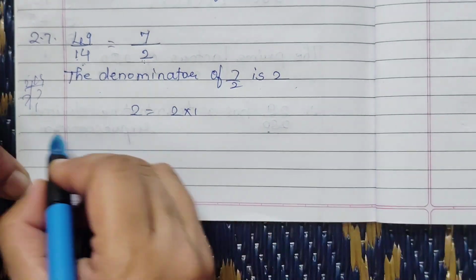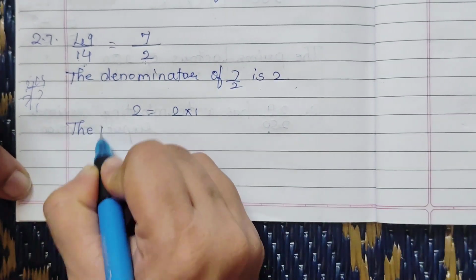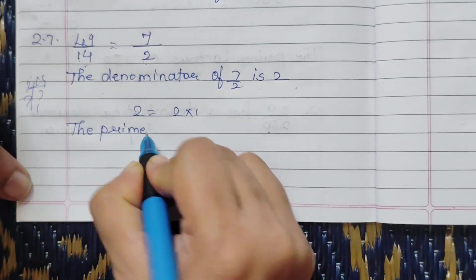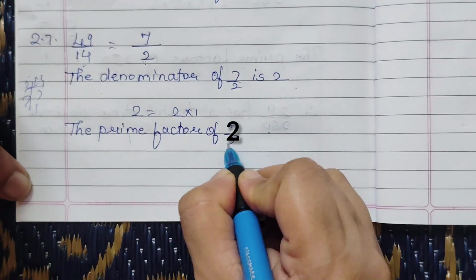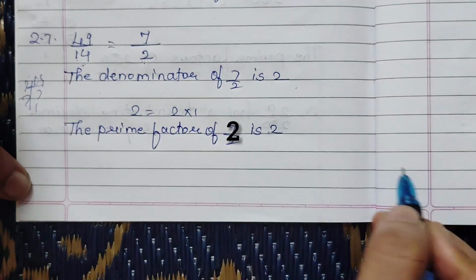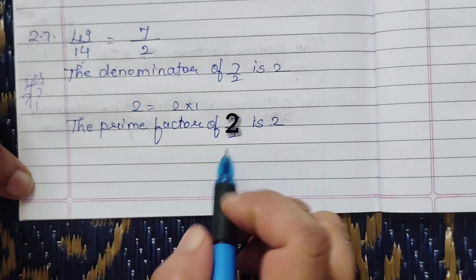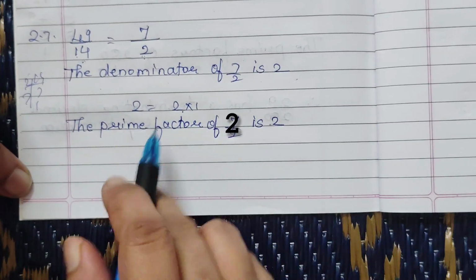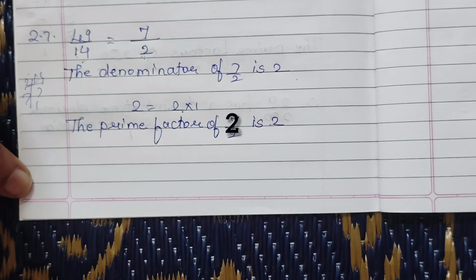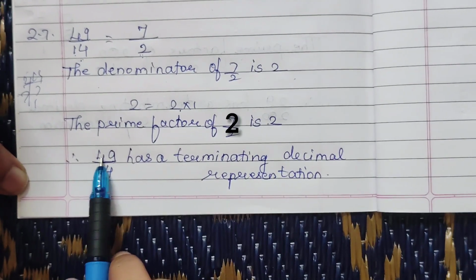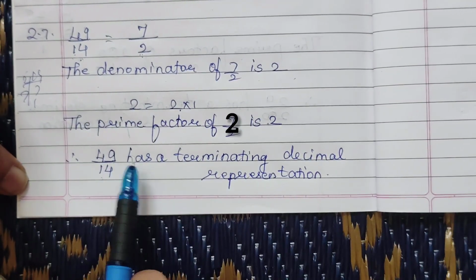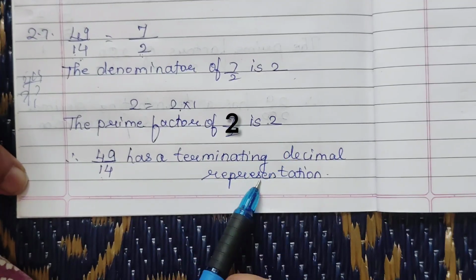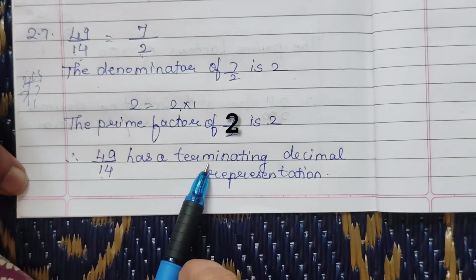The prime factor of 2 is 2. Therefore, it's only 2, and this becomes a terminating decimal representation. So now we write the main question: 49 upon 14 has a terminating decimal representation.